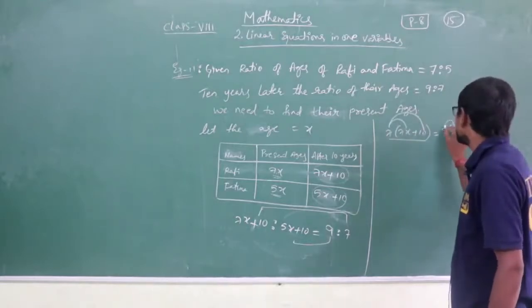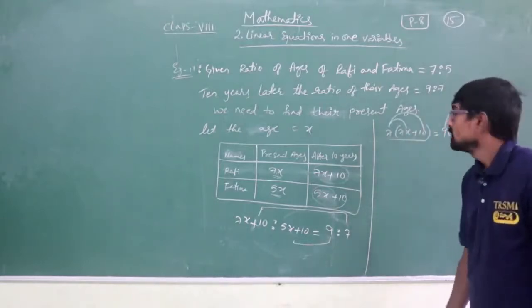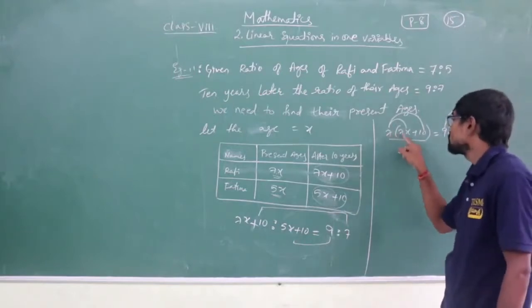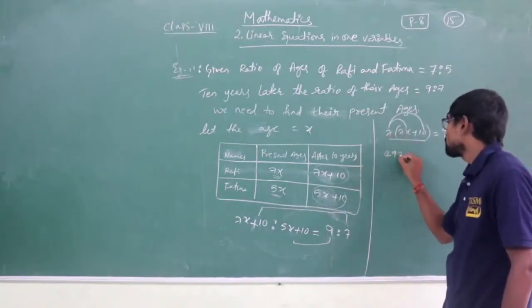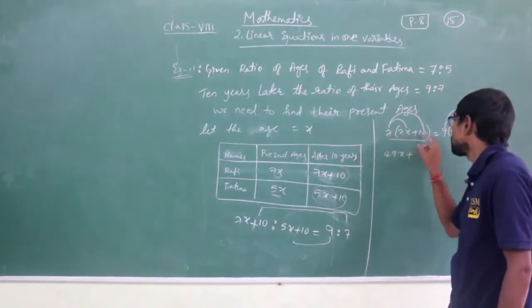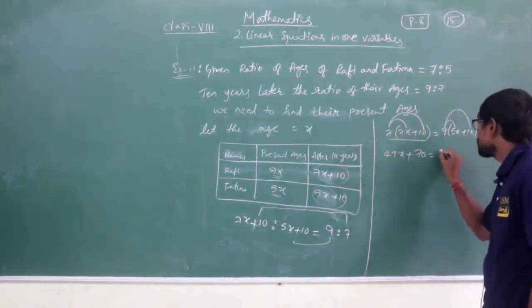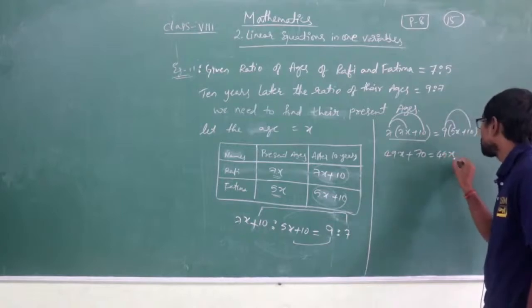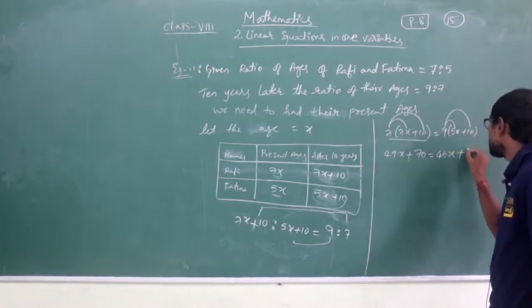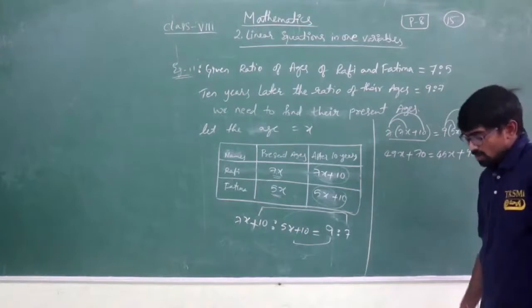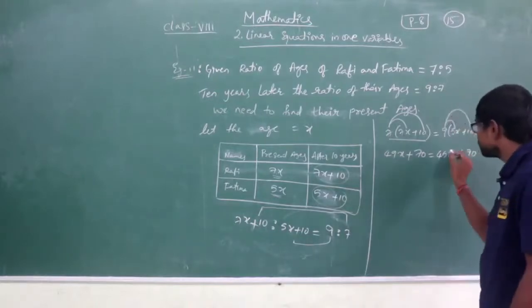Similarly, 9 is multiplied by 5x and 9 is multiplied by 10. So when I multiply this, 7 7s are 49x plus 7 10s are 70 equals 9 5s are 45x plus 9 10s are 90, isn't it?